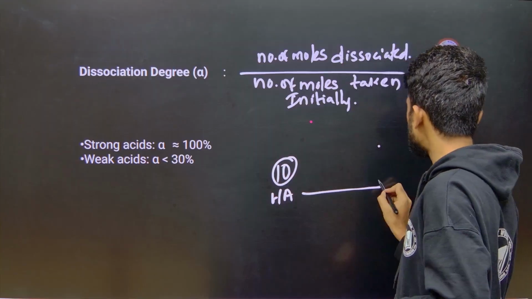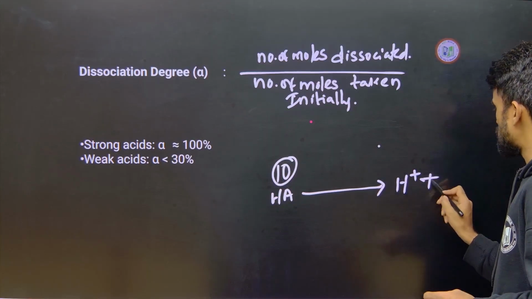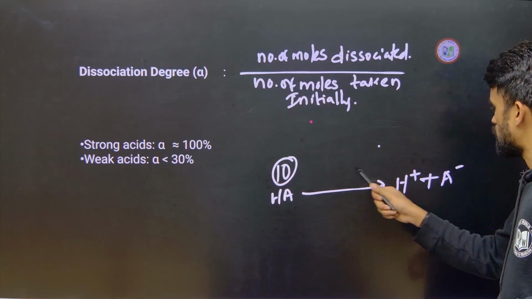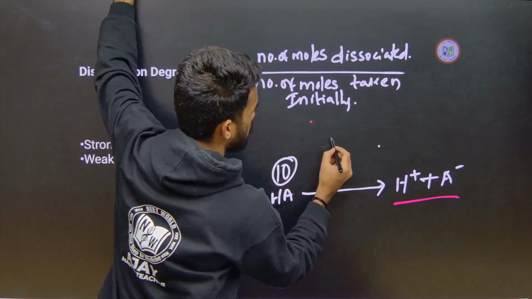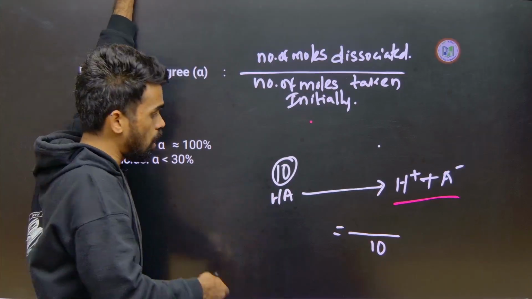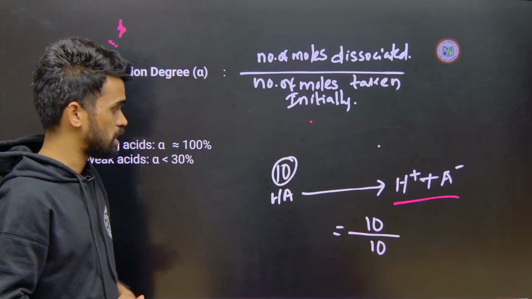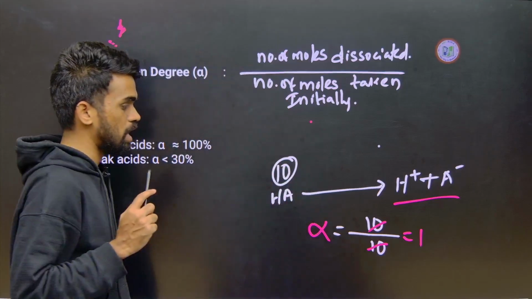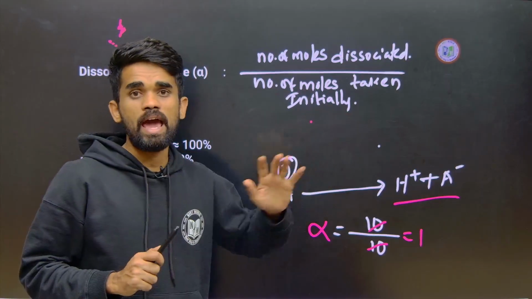If all these 10 moles undergo dissociation and form H plus and A minus, then all 10 moles are converted into ions. The number of moles taken initially is 10, and all 10 moles take part in complete dissociation, so 10 by 10 gives 1. The degree of dissociation, indicated with the symbol alpha, is 1. So I can say this HA acid is a strong acid in this case.